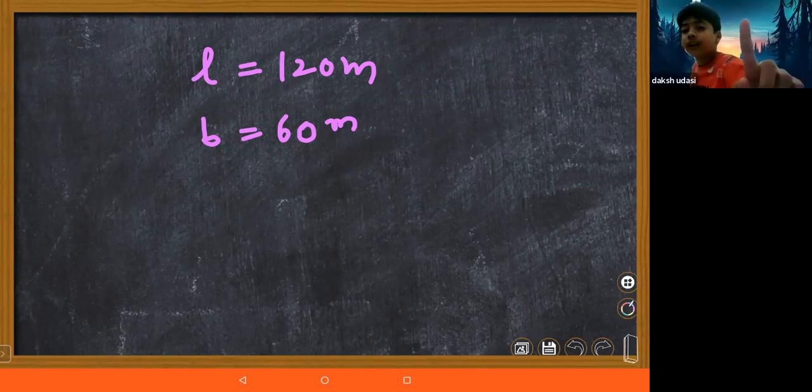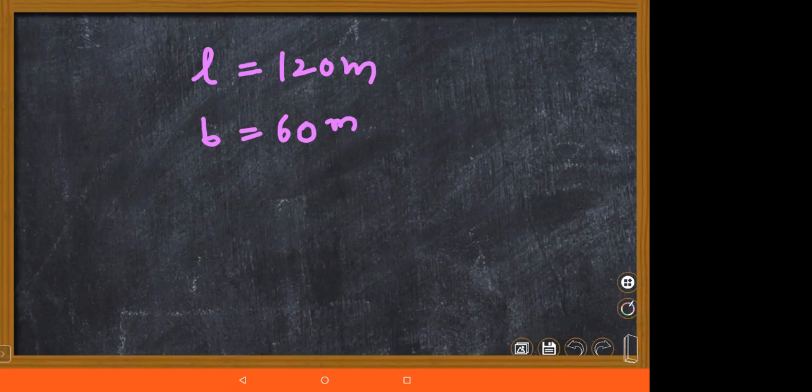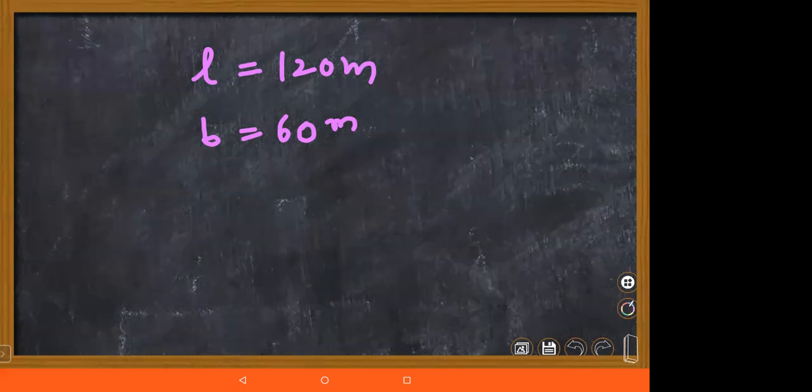Calculate the length of wire required to fence the field, leaving a gap of 1 meter for the gate. Find how much wire is required for 3 rounds of fencing. 1083, ma'am. Wrong.